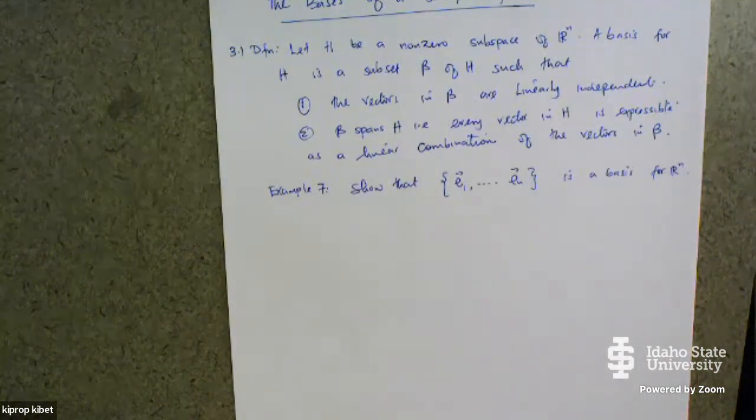Actually, without even solving this, we can see that this is a basis for Rn, because these are standard vectors, so it's 1, 0, 0, like that up to the last one. So all the rows and columns have pivot positions. So actually, they are linearly independent. And then, of course, they span Rn.